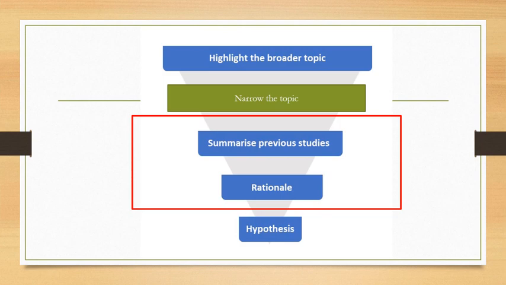So for example, if you're going to look at VE/VCO2 primarily, and that's your rationale, well then the summarizing previous studies paragraph above will need to focus on how VE/VCO2 differs or doesn't differ in participants with COPD. So you can write an outline of that summarized previous studies paragraph, because it has to be there in order for your rationale to make sense.